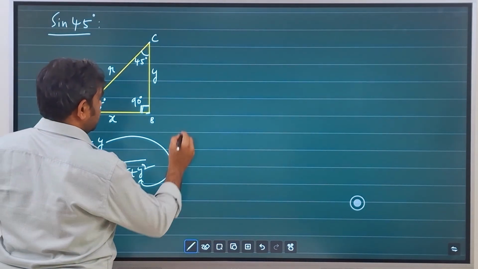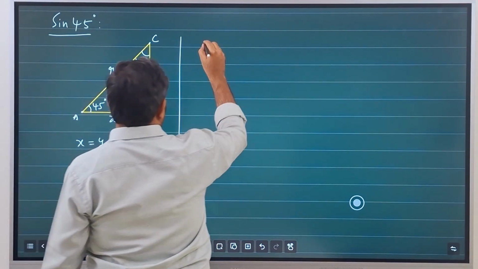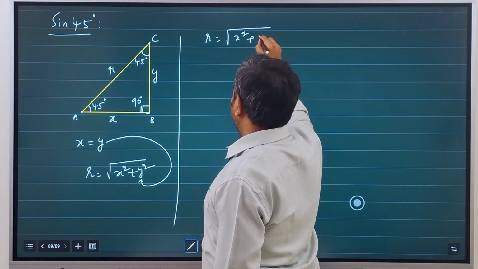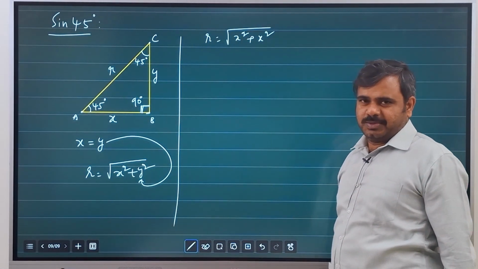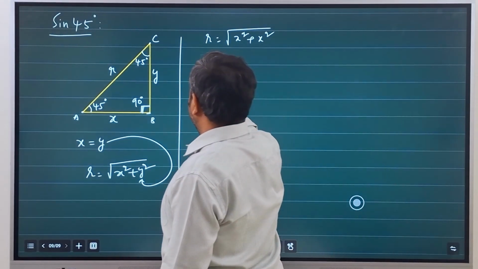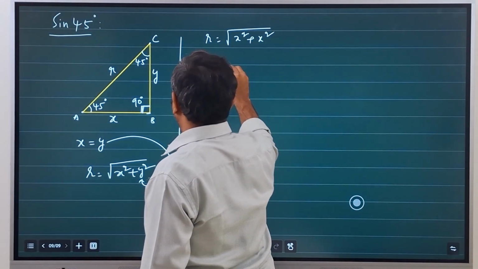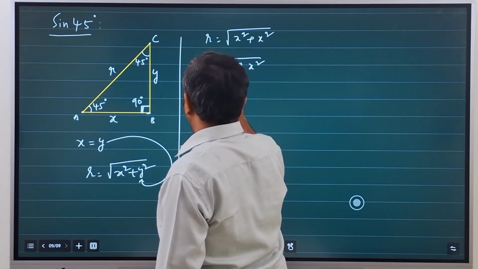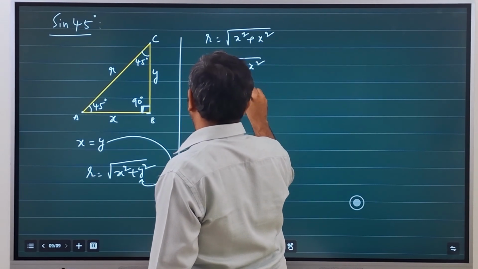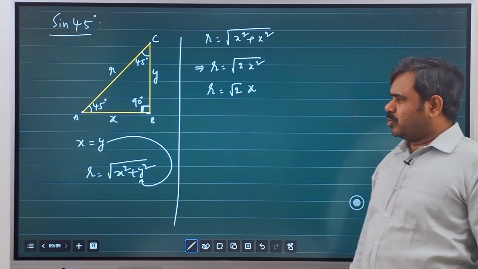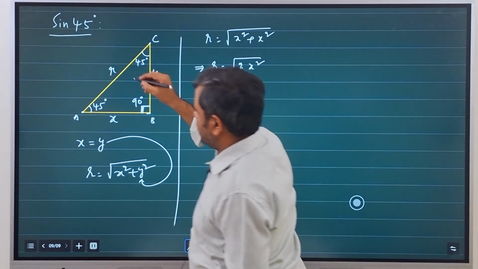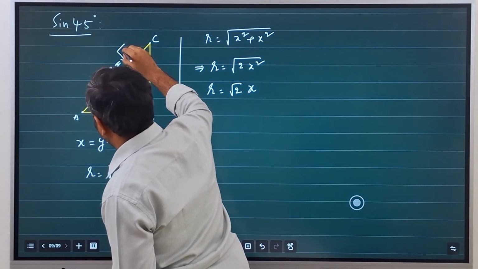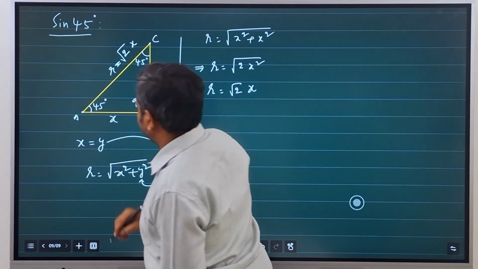What do you get? R is equal to root of X square plus X square, because Y is also equal to X. When you simplify this, you will get root of 2X square, or we can write it as R is equal to root 2 X. So the value of R, the hypotenuse, is equal to root 2 X.